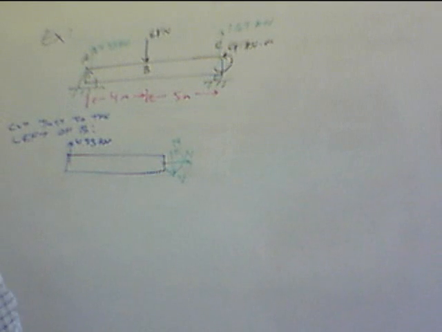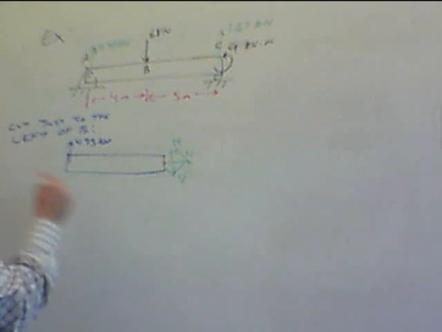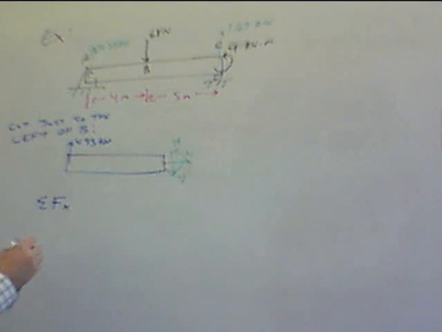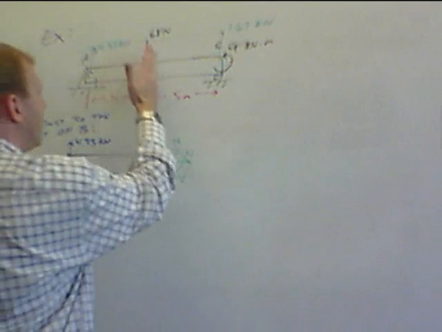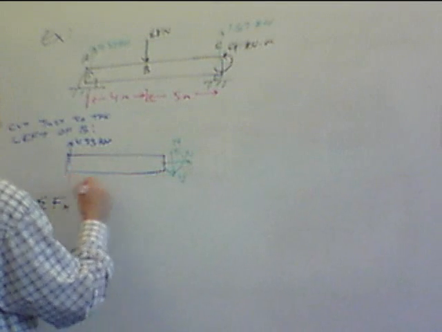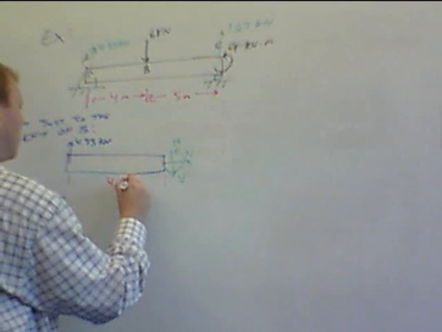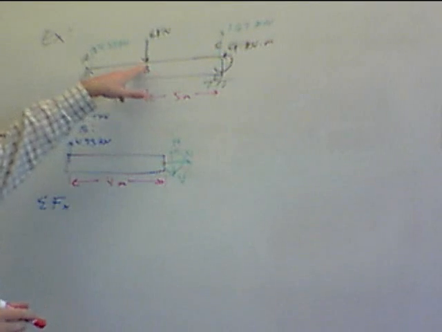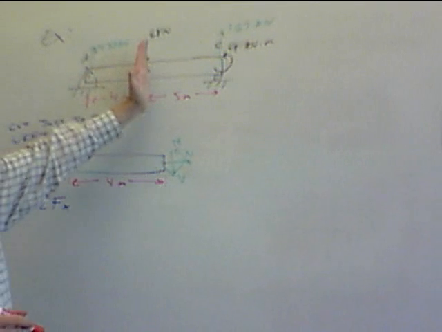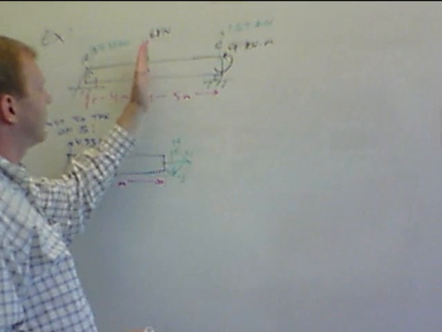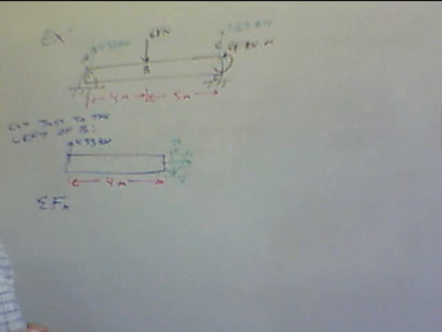Okay, so this becomes pretty straightforward. We're just looking at the equilibrium equations here. We have summation of forces in the x. It is important to note here, when I cut this, even though I said just to the left or just to the right, this is still 4 meters. When we deal with this idealized point force, we can move just a tick to the left or just a tick to the right, some infinitesimal distance that gets us just off the force, but still at 4 meters.